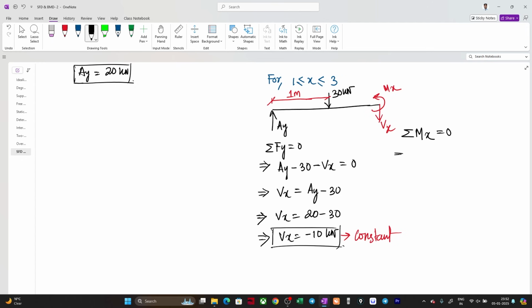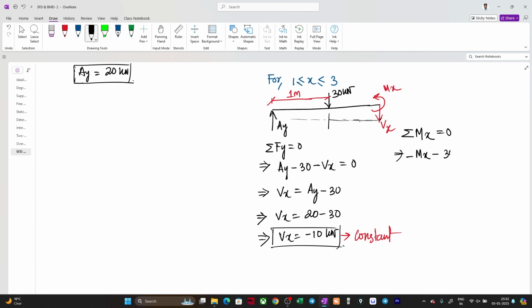Now similarly, if we try to find the moment, summation of Mx equal to 0, which implies minus Mx, then again minus this one. How much is this length? You can see this is 1, and this is 1, and the rest we have 2, so 2 minus x, I think, right?